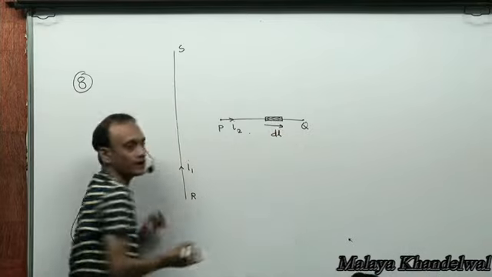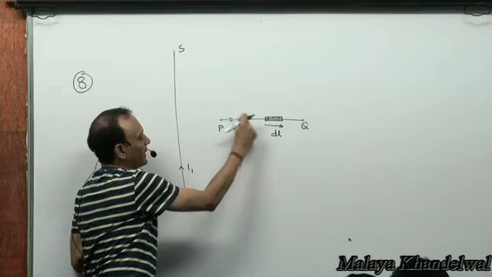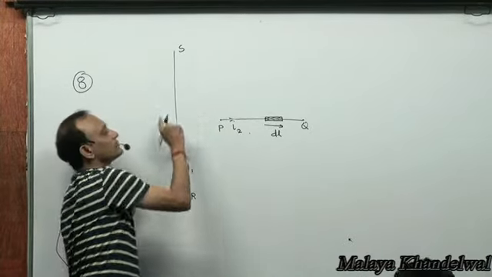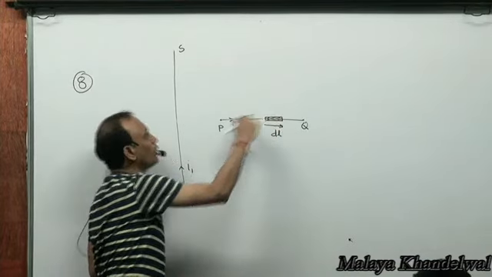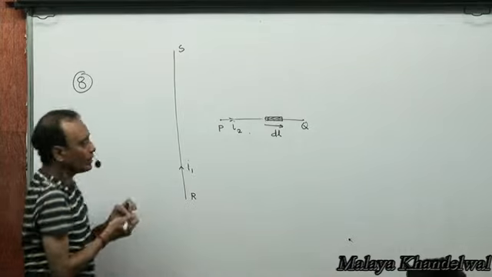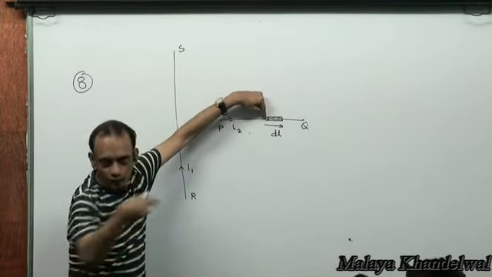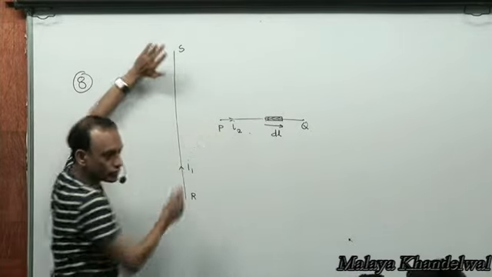At this point, this current carrying element is exposed to a magnetic field because of the long wire. Do you realize that the magnetic field on this DL would be into the plane of the board? This is DL cross R going into, right?